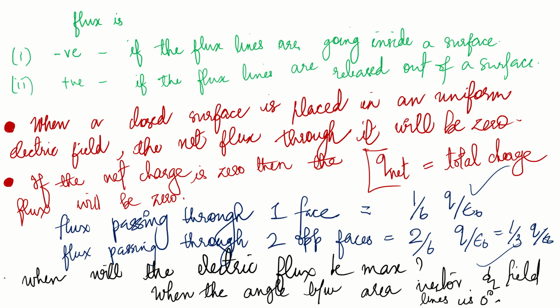This is an important question. When will the electric flux be maximum? Electric flux will be maximum when the angle between the area vector and the field lines is 0.